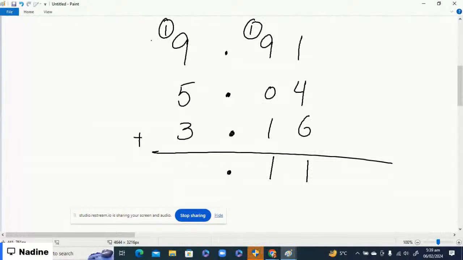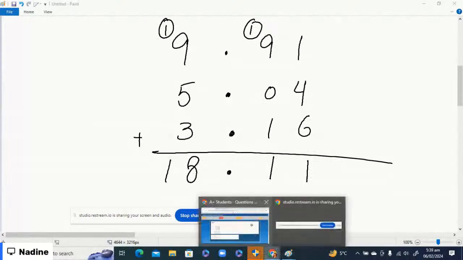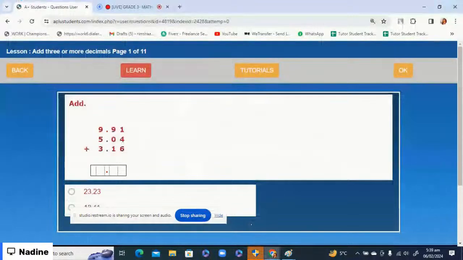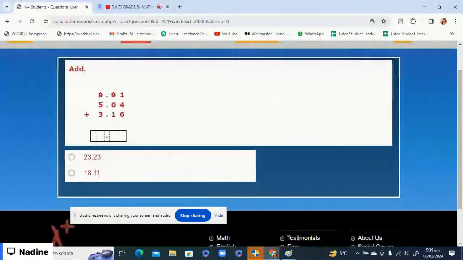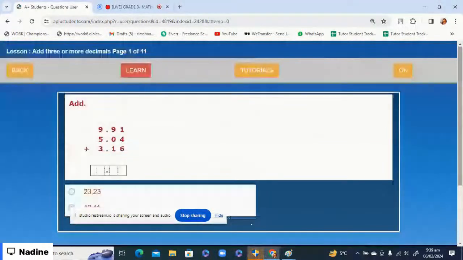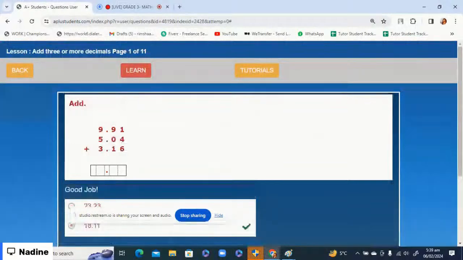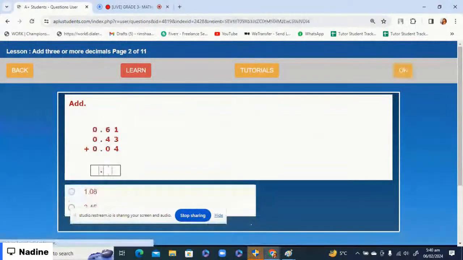So 9 plus 1 is 10. 10 plus 5 is 15. 15 plus 3 is 18. 18.11. Let's check. Is there any option? 18.11. Yes, it's here. Then we click over there. This is right.